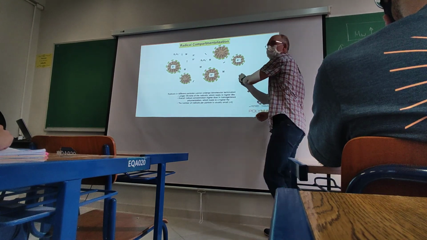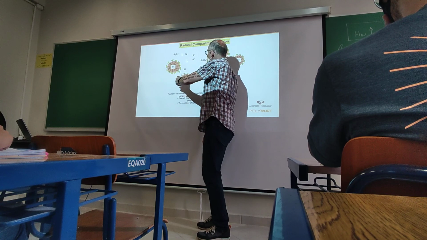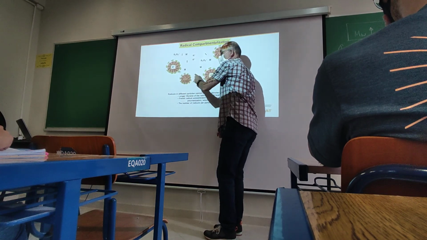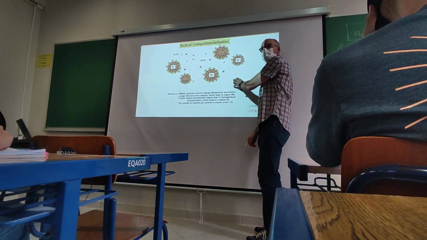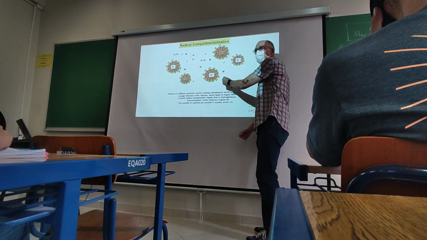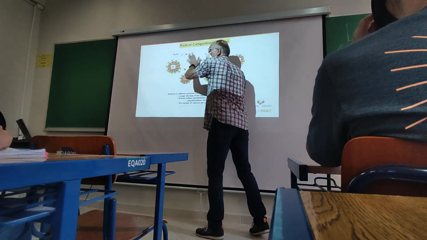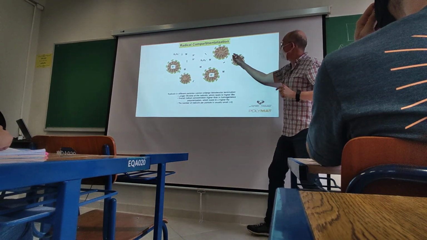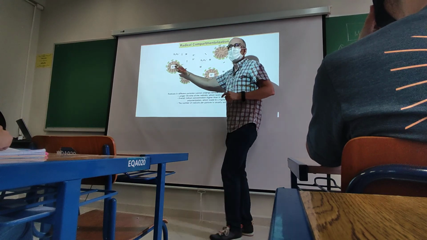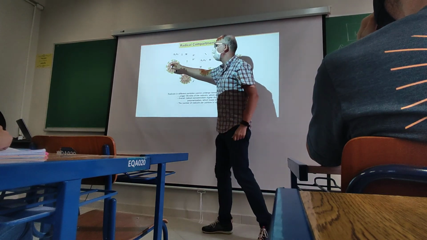Of course, we have radicals in the aqueous phase, but the radicals enter into the polymer particles, and therefore polymerization occurs there. There is very little polymerization in the aqueous phase in emulsion polymerization, a little bit, to create the oligoradicals that enter into the particles, but the main polymer is formed in the polymer particles. So, since the radicals are distributed, a radical in this particle doesn't see a radical in the other particle.